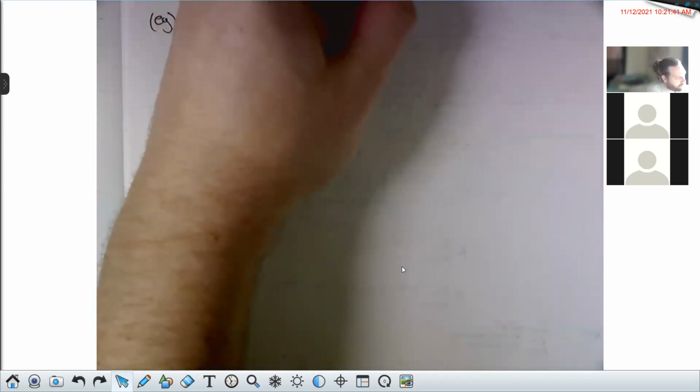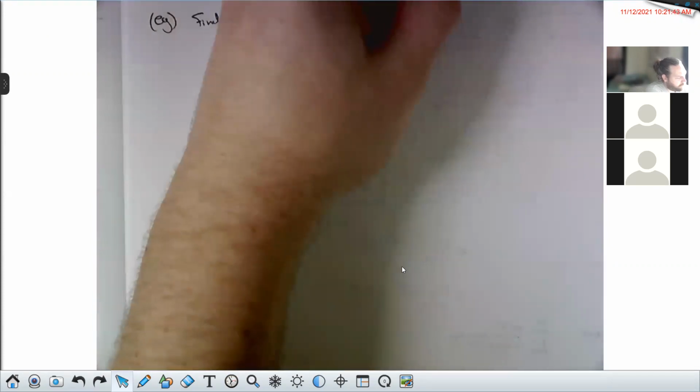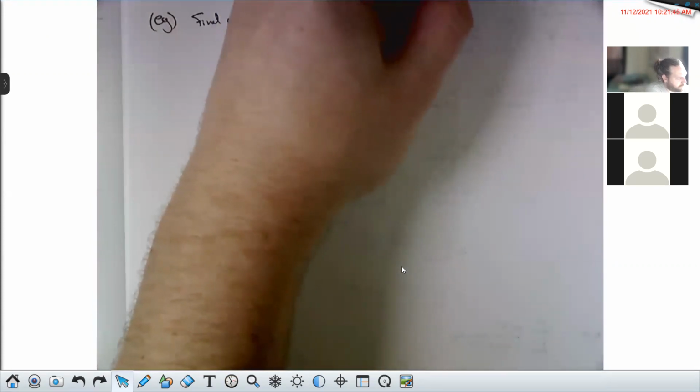So this is very much in the vein of what we've been doing the last couple of days, writing functions as power series. And this is the skill I want you working on now. If I were to put this particular problem on exam 3, this would be as nice as possible.